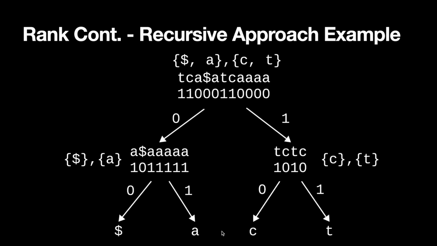So let's take a look at an example. This is using a Burrows-Wheeler transform. I'm not sure what the original string is, but this is from the textbook. So you can see we've got a string here, which is made up of T, C, A, and $, which is a characteristic of a Burrows-Wheeler transform string. We perform a split.